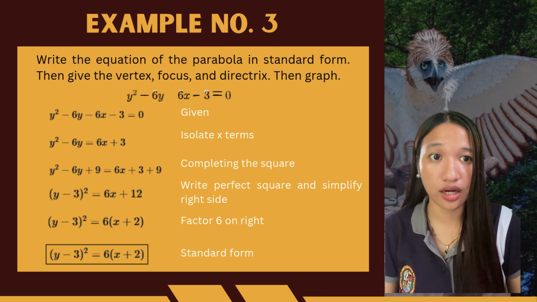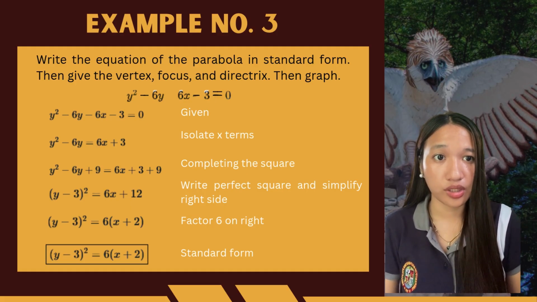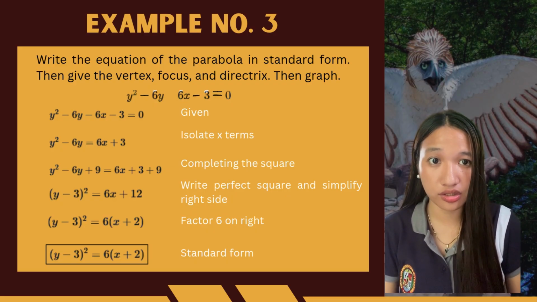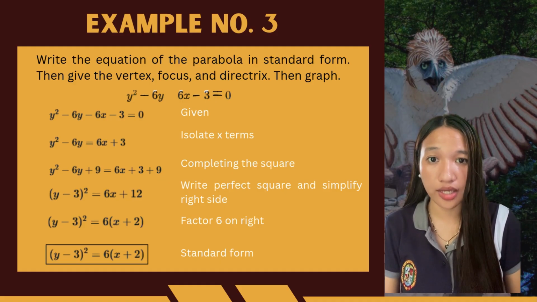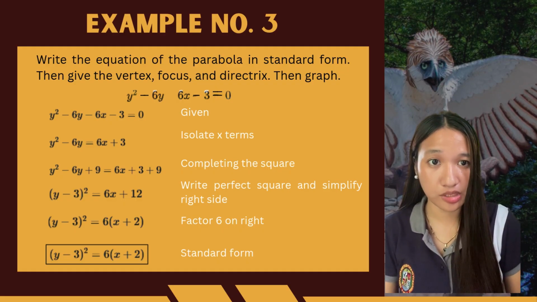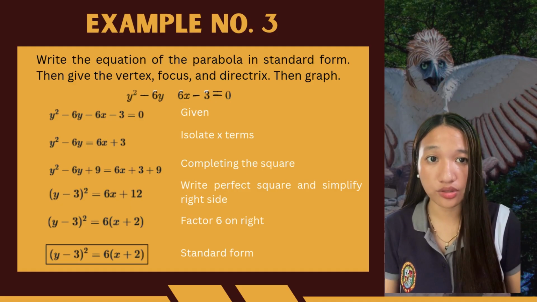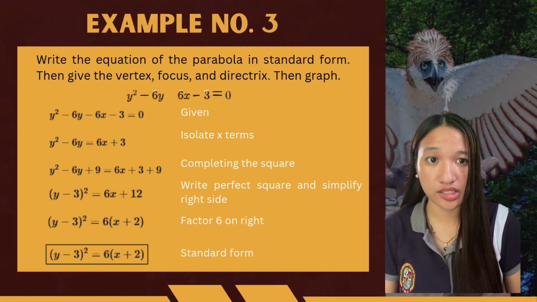Now let's do the perfect square and simplify the right side. We have y minus 3 squared equals 6x plus 12. And let's factor the 6 on the right. Now we have y minus 3 squared is equal to 6 times x plus 2. And the standard form became y minus 3 squared is equal to 6 times x plus 2.